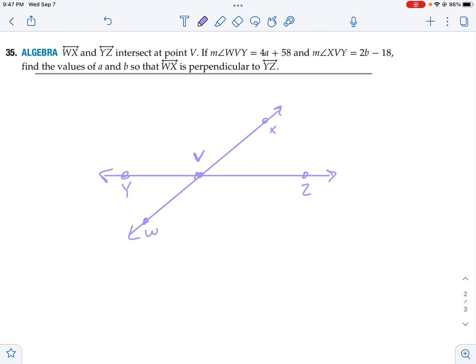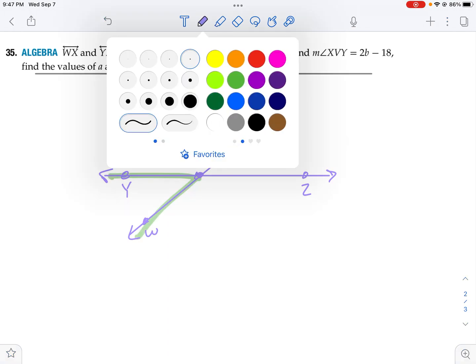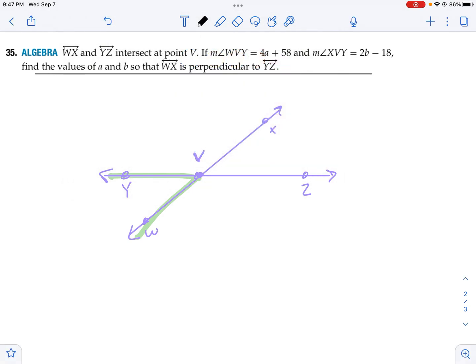If WVY, which is this angle here, is 4a plus 58, and XVY is 2b minus 18, find the values of a and b so that WX is perpendicular to YZ.